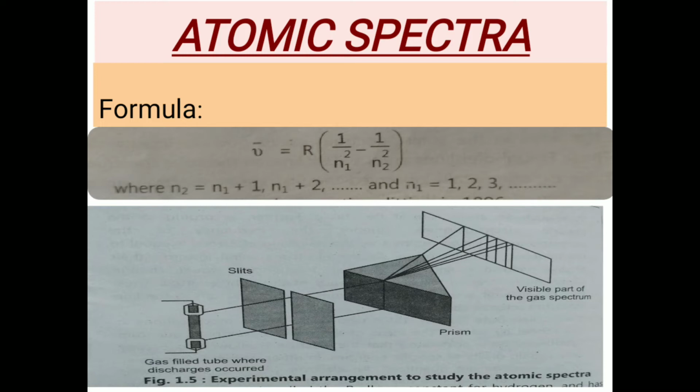When the light radiation falls on the prism, it disperses into the 7 colors and we observe it on the screen. The visible part of the spectrum can be easily observed on the screen. The bands that we obtain by the dispersion of the light are called the atomic spectra or atomic spectrum.